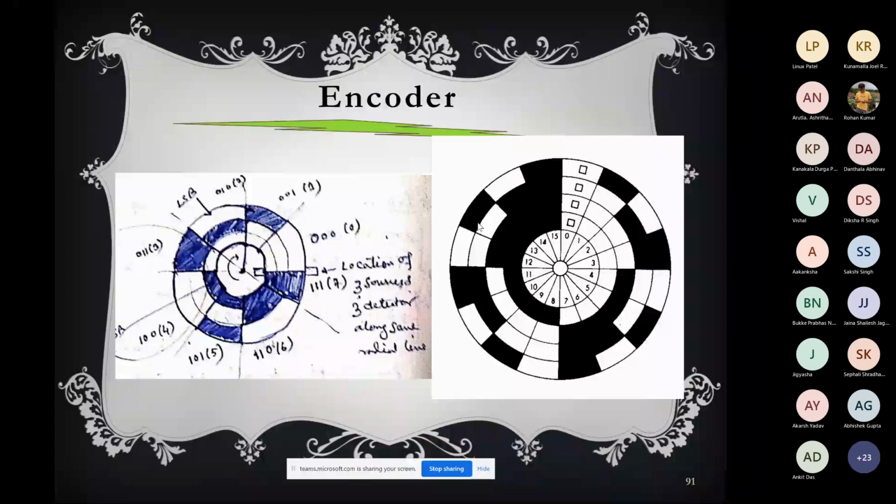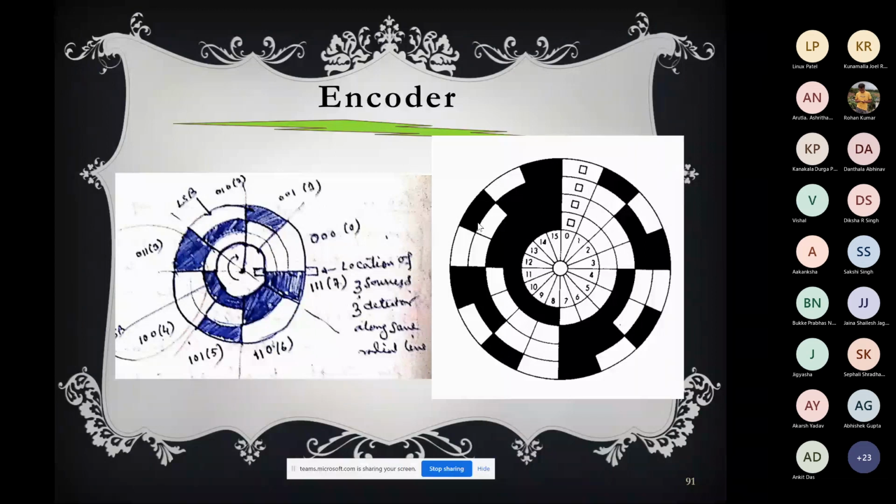However, due to the limitations of the manufacturing process, a small misalignment can happen. That means, say, track 1 has the transition slightly earlier than track 2. This is called misalignment.